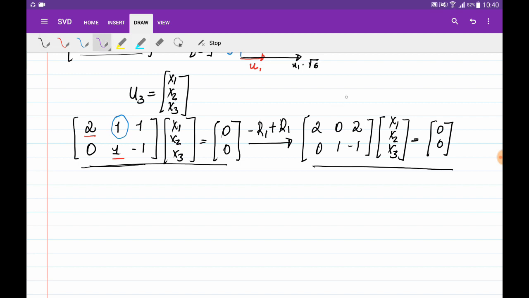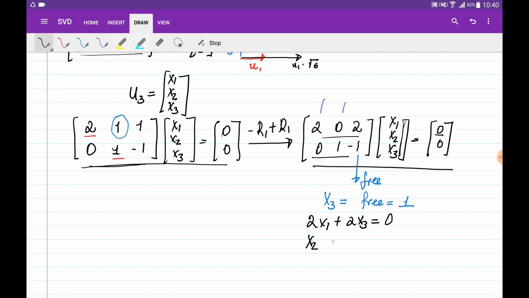Since the first column and the second column have the pivots, the third column has no pivot, which is why it is called a free column. So x3, the third variable, will be free, and we can choose it as 1 by ourselves. The first row gives us 2x1 plus 2x3 is equal to 0, and the second row gives us x2 minus x3 is equal to 0.